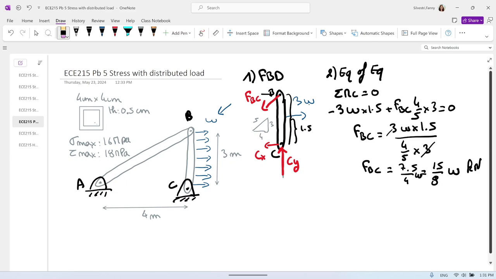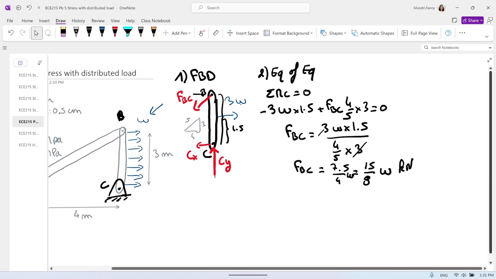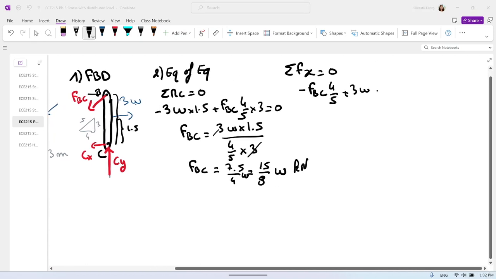So we have FBC. Let's keep going with our equations of equilibrium. So we did the moment about C. We can do the sum of the forces on x equals 0. So we have minus FBC on x, that will be 4 divided by 5, plus 3W minus Cx equals 0.